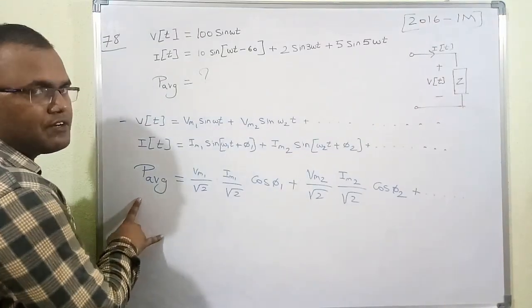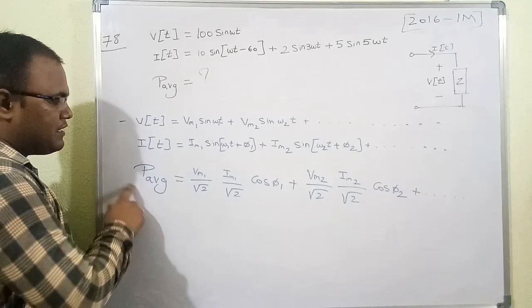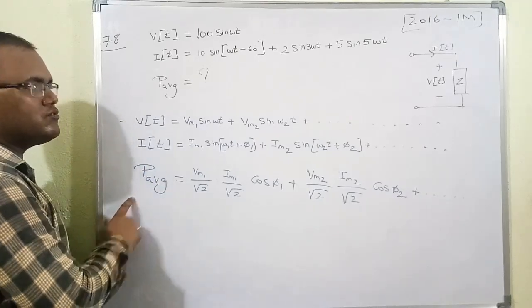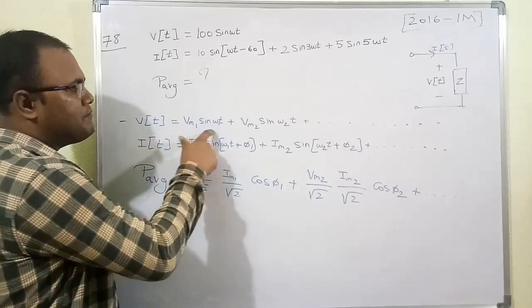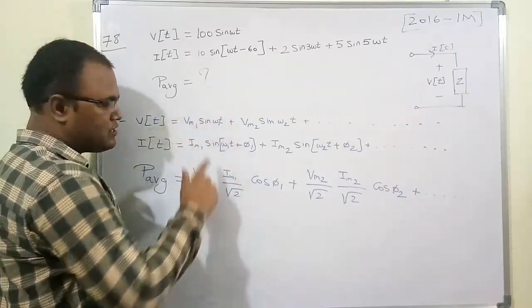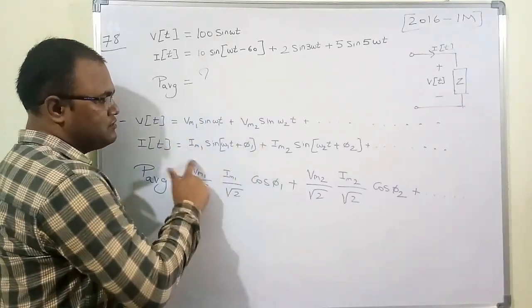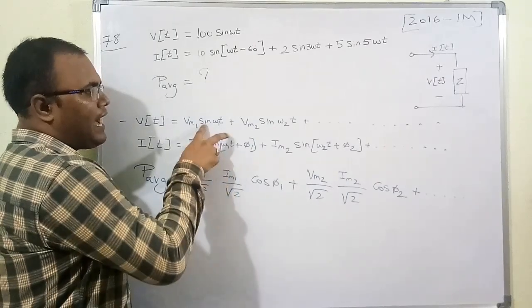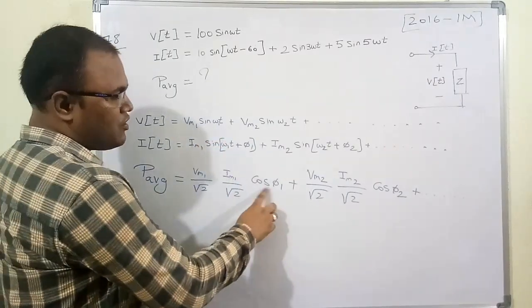Then we will get the average power consumed by the load. P average is equal to the RMS quantity of the first signal, which is Vm1 by root 2, and the RMS of the current, Im1 by root 2, and the phase difference between these two, which is cos of phi 1.